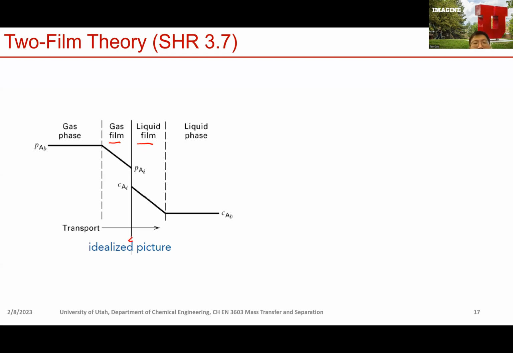At the interface, you still have equilibrium, so the partial pressure of A in the gas phase at the interface is proportional to the concentration of A in the liquid phase. Then in the bulk, you will have no concentration gradient.